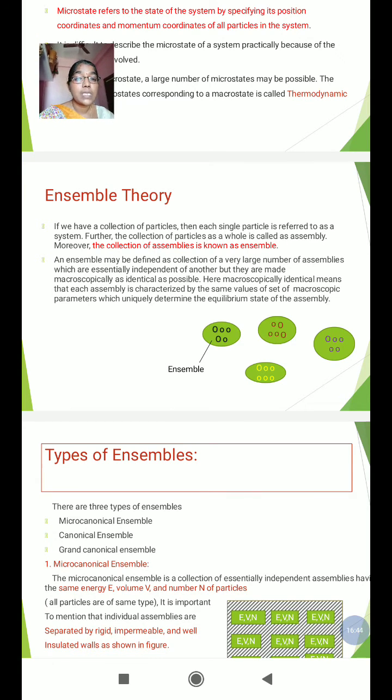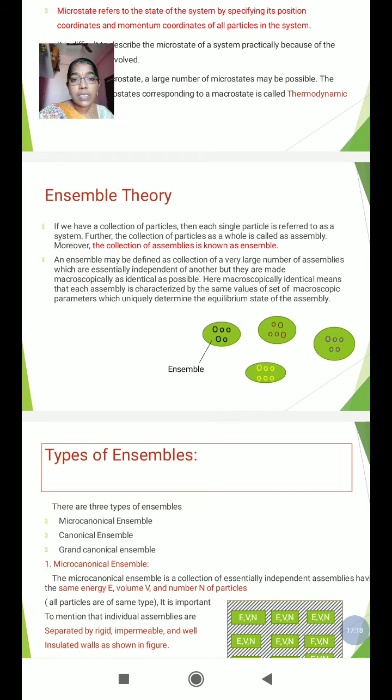The bottom ensemble, which has 6 systems, will also have the same macroscopic nature. The systems that are macroscopically identical are combined to form a group. That group is called an ensemble. Ensemble means a group of systems. In that group, all the systems are macroscopically identical, but microscopically all the systems are different.